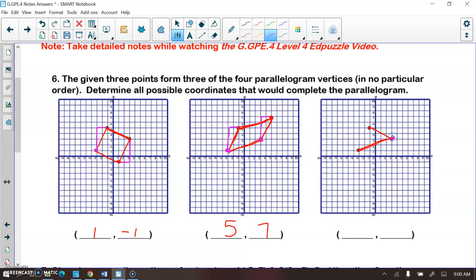From this point to the top point, my slope is up 2 and over 1, 2, 3, 4. So going from this point here and going up 2 and over 1, 2, 3, 4, if I place a point here and connect these 2 points together, those 2 opposite sides are parallel, thus making this a parallelogram, putting that last point at the point -7, 3.